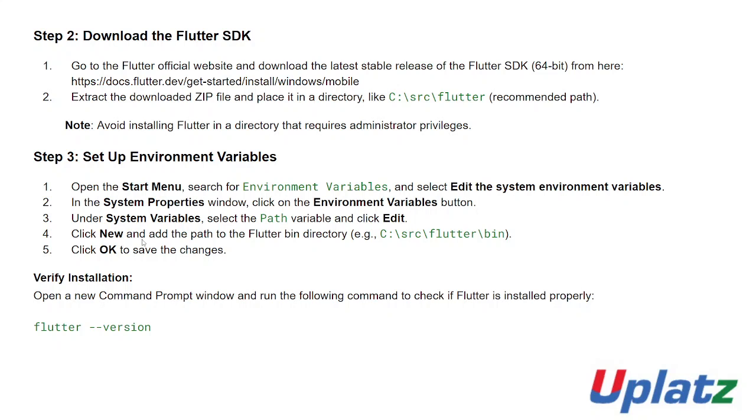Click New and add the path to the Flutter bin directory. For example, c:/src/flutter/bin. Suppose we installed in this folder. Click OK to save the changes.